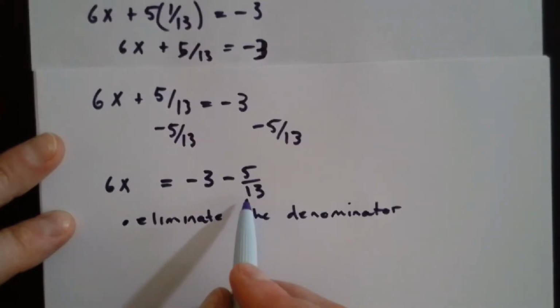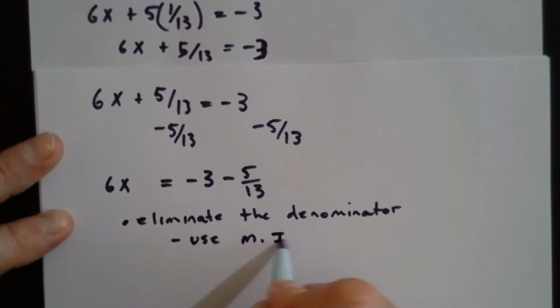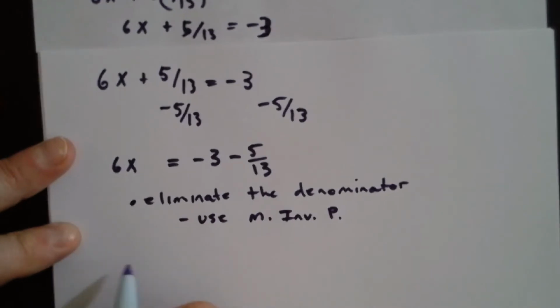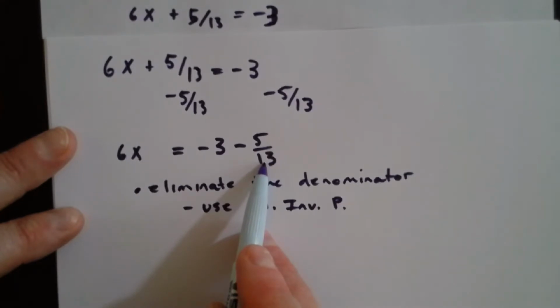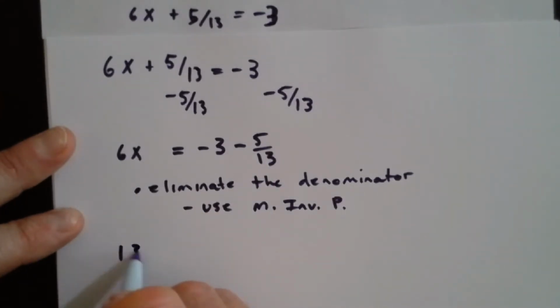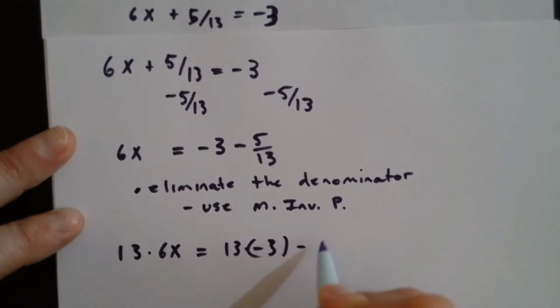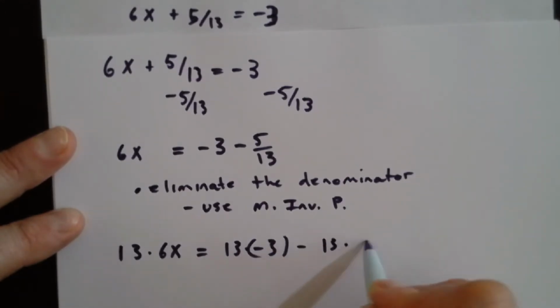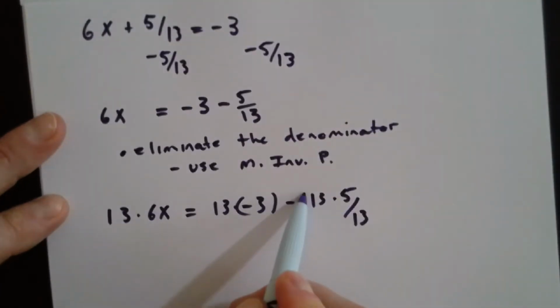And we have to use the multiplicative inverse property. And so by doing so, we're going to multiply everything by 13. It's the reciprocal of 1/13. And so we're going to multiply everything by 13 times 6x is equal to 13 times -3 minus 13 times 5/13. Well, of course, this cancels out now.